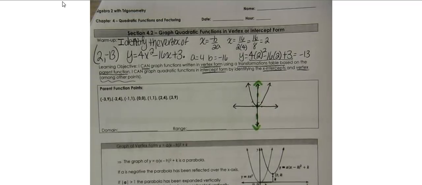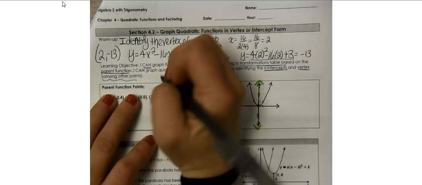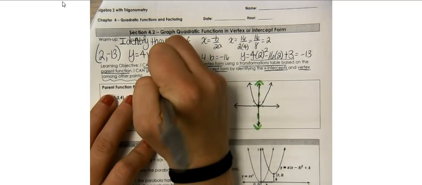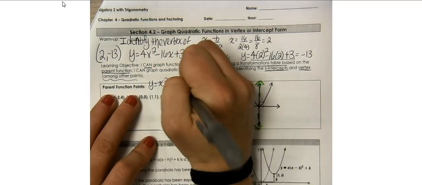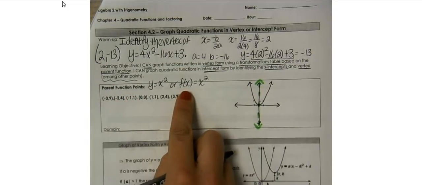So today we're going to start with reviewing some information about the parent function. And our parent function, once again, is y is equal to x squared, or f of x is equal to x squared, depending on if it's in function notation. And what I have drawn here is a very quick sketch of what the parent function looks like. The parent function, once again, is pointing up.